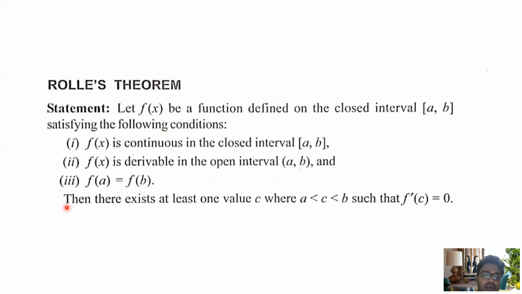Then there exists at least one value c, where a is less than c is less than b, such that f'(c) is equal to 0. So this is the statement of Rolle's theorem.